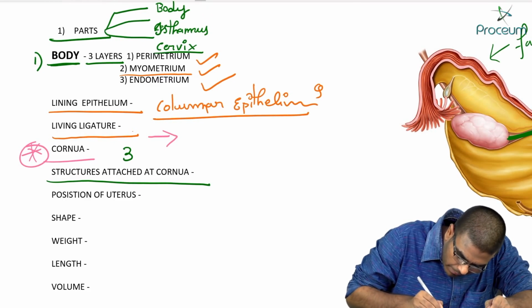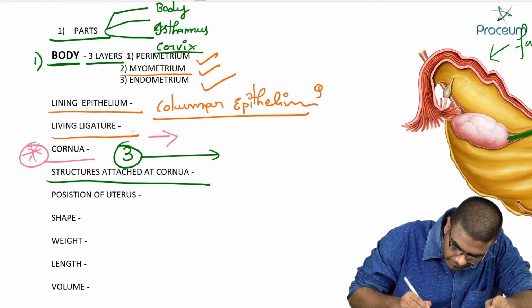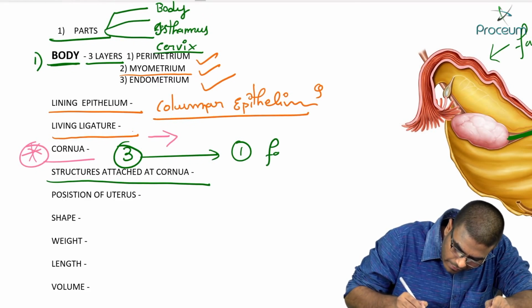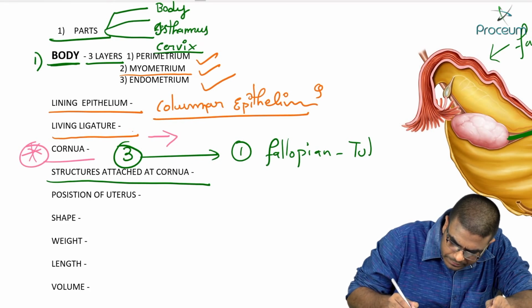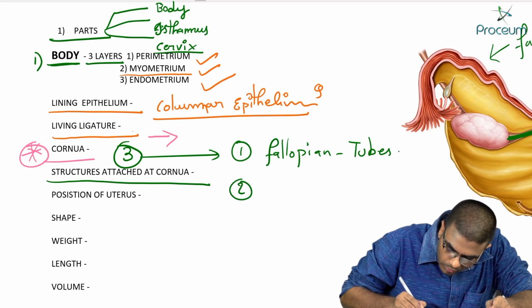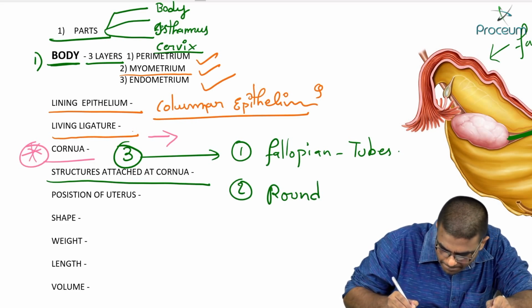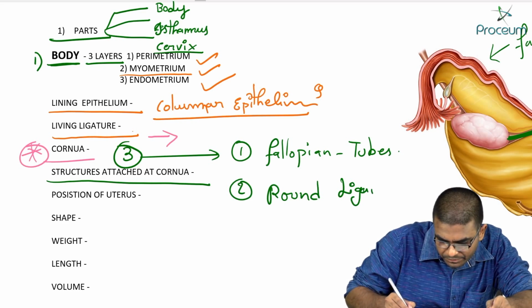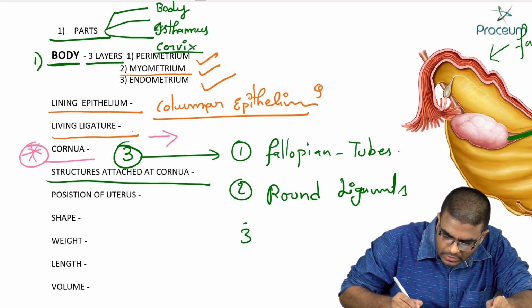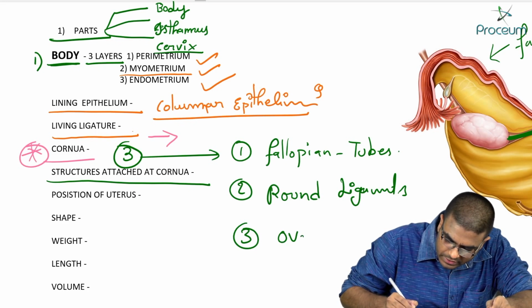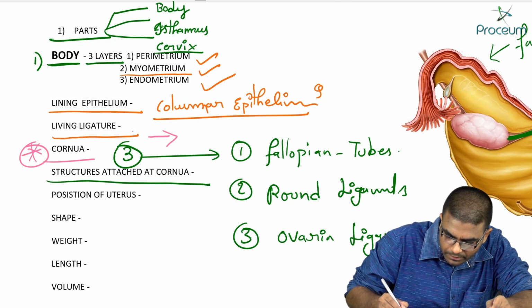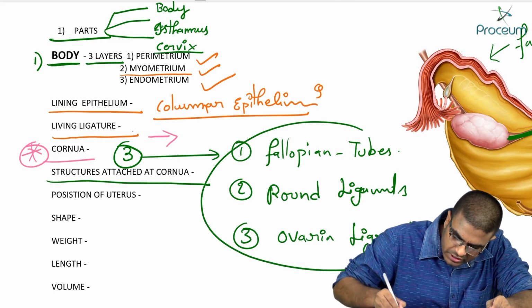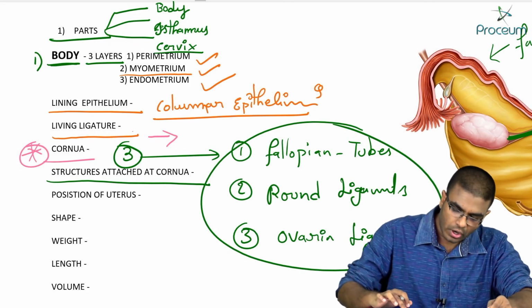Three structures will attach to the area of the cornua. What are they? One is fallopian tubes, round ligaments, and ovarian ligaments. These three structures attach to the region of the cornua.